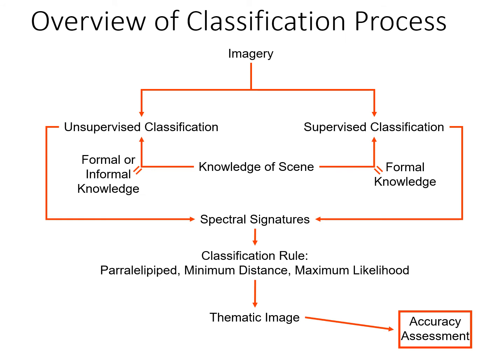An unsupervised classification means that the computer is going to look for certain patterns of spectral response that lots of pixels have.